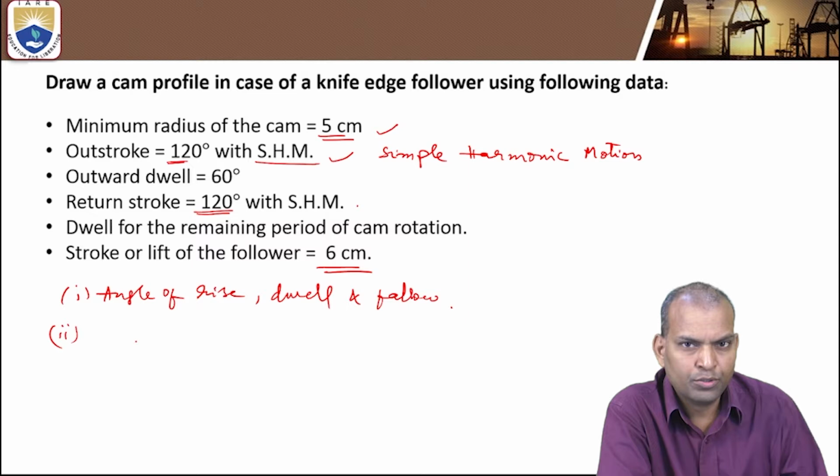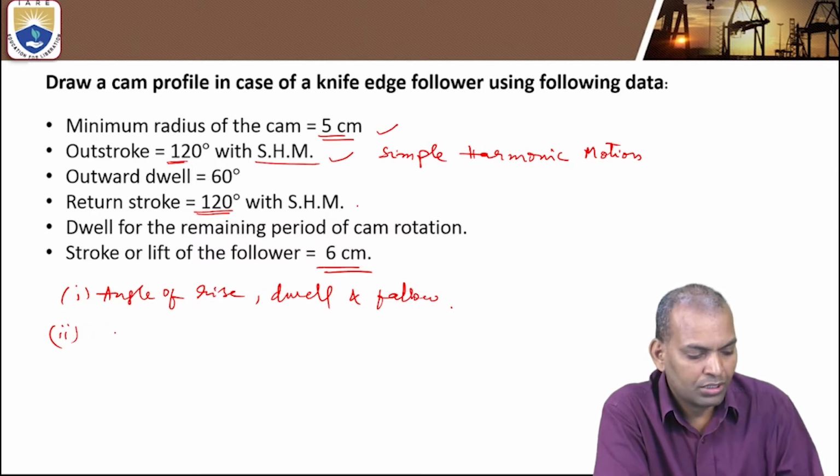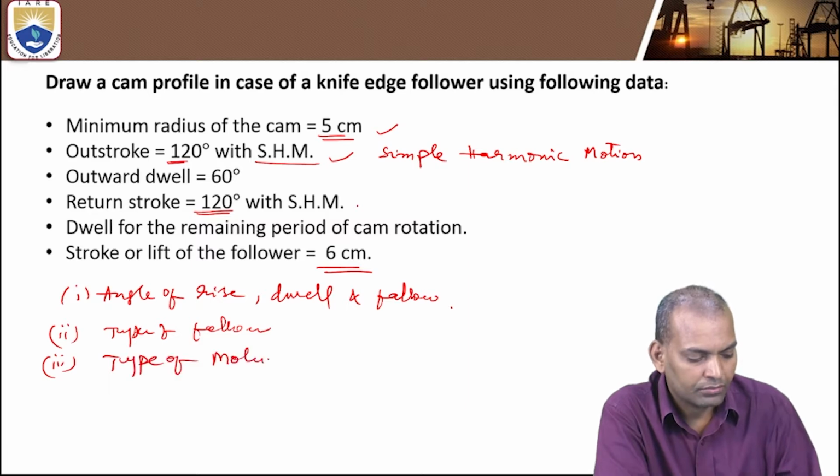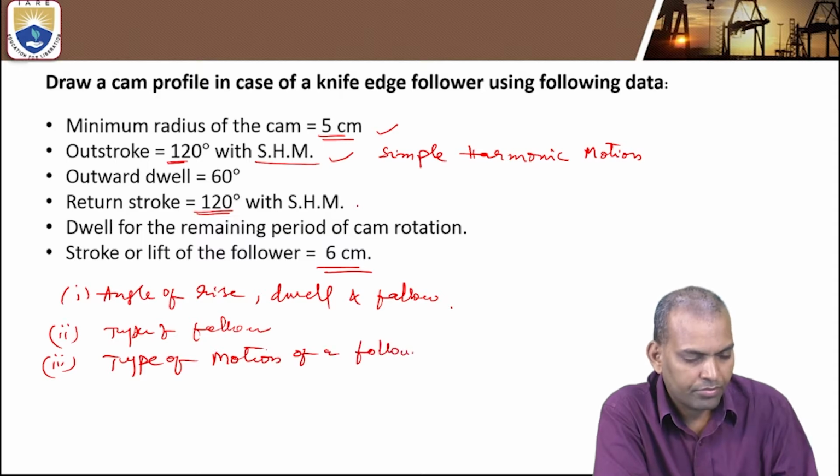The second input parameter is the type of follower. And the third one is the type of motion of the follower.